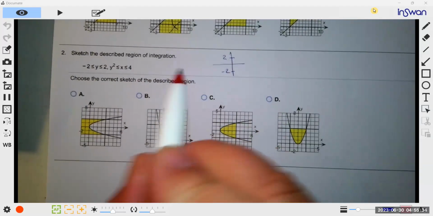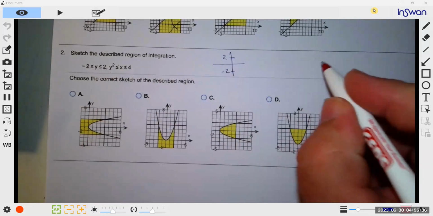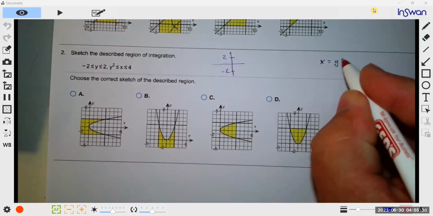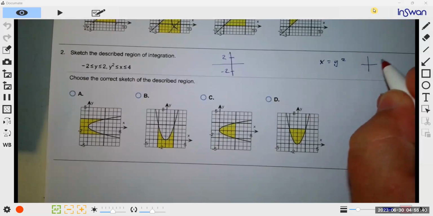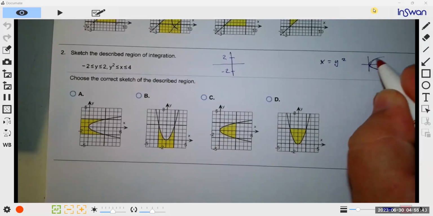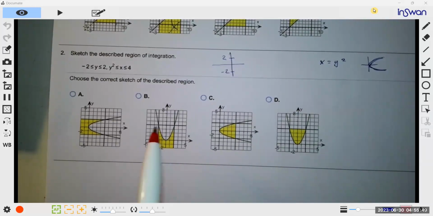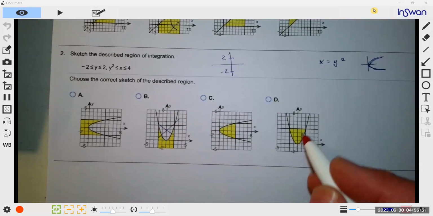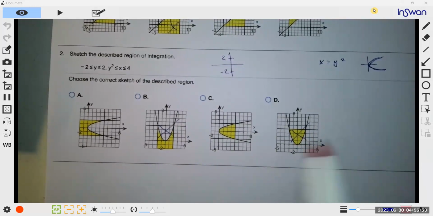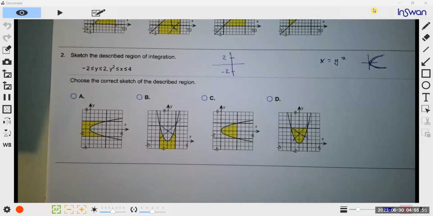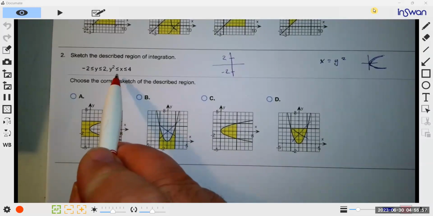So now, because it goes from y squared, x equals y squared is a graph that looks like this. All right, so it has to have that shape. This one cannot be right. This one cannot be right. So it has to be one of these two. And it goes up to 4.